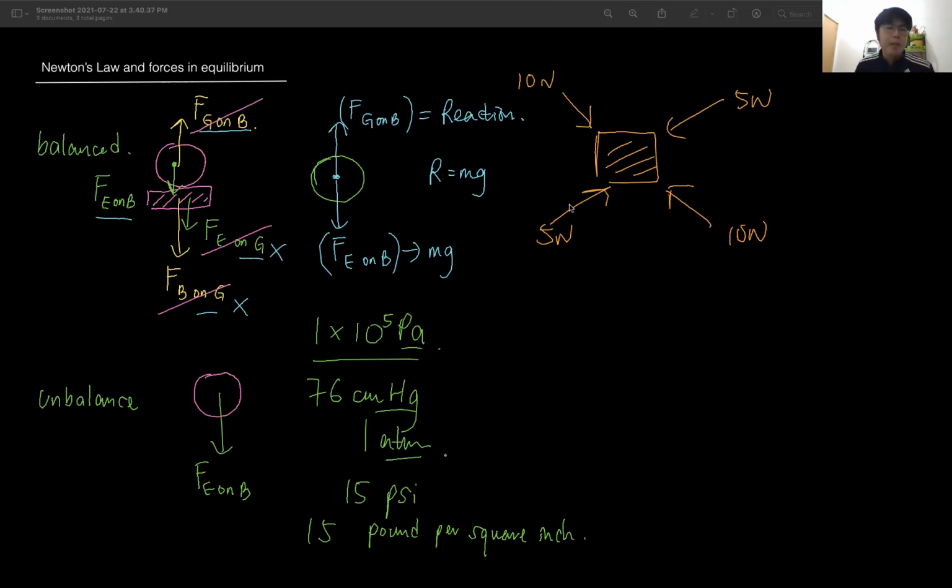What does algebraic sum mean? Meaning that we add with the sign. If this is positive, the opposite is negative. The algebraic sum is 0. This is a balanced system.